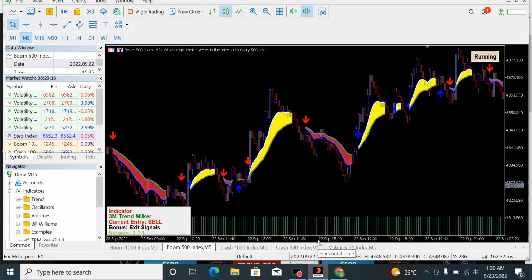Spikes usually happen depending on the asset, either boom or crash. Forget about the indices, whether 500, 300, or 1000, they are all the same. The most important thing is separating boom and crash, because they work in opposite directions to each other. So that is very important.